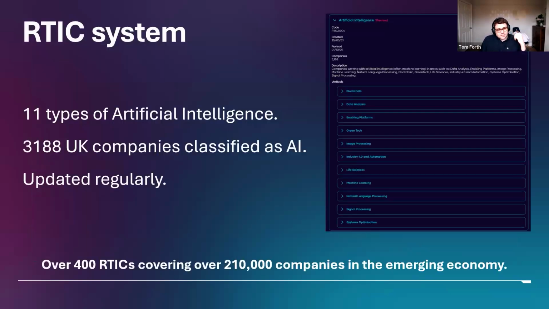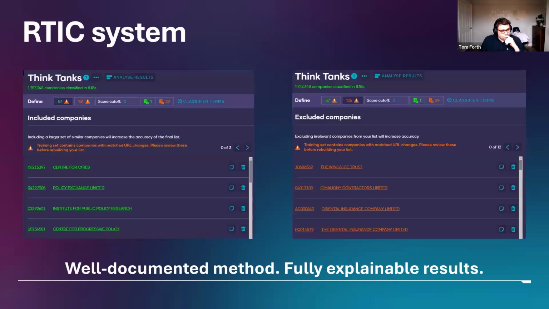The RTIC system has 11 types of artificial intelligence compared to 0 in the SIC system. There are currently 3,188 UK companies classified as AI, but that changes every month. And in total, we have over 400 RTICs covering 210,000 companies in the emerging economy. Those numbers are probably from a couple of weeks ago, so it will have probably gone up since then.